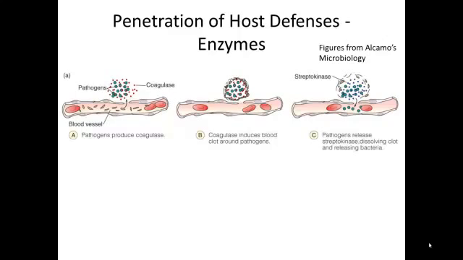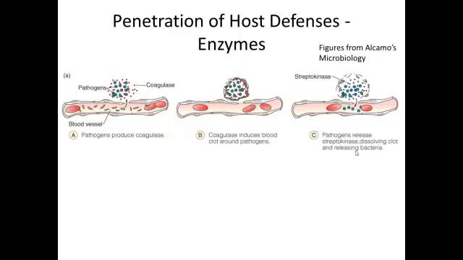Well, these pathogens, if they produce coagulase, it will cause platelets to form a clot around them. Then when the white blood cells come, they say, hey, okay, we have a break in the wall, but I don't see any pathogens, so everything's okay. Then later, when the white blood cells leave, then the pathogens can produce streptokinase, which will break up the clot, they get into the bloodstream and wreak havoc.